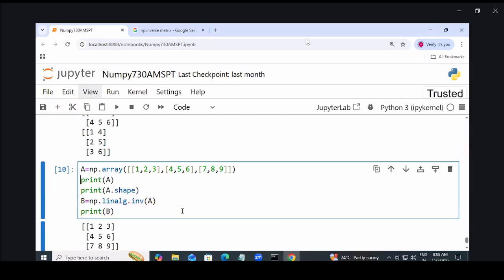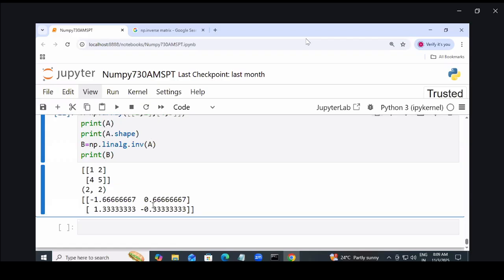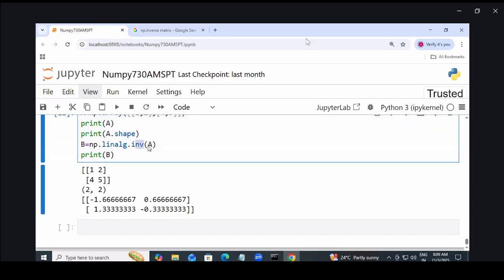We'll take a simple one, with 2 rows and 2 columns. Now you can see this is the inverse of this matrix: minus 1.66 and 0.66 and 1.33 and minus 0.33. Now you can call this the inverse of A.